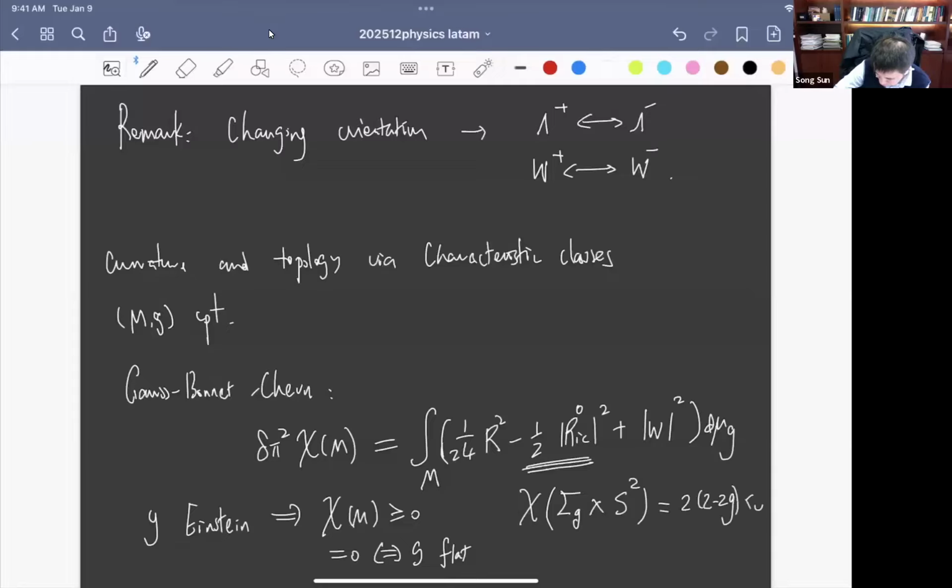So this is less than 0 if g is bigger than 1. If you take a hyperbolic surface times a round S2, this will not admit an Einstein metric. So this is the Gauss-Bonnet term.